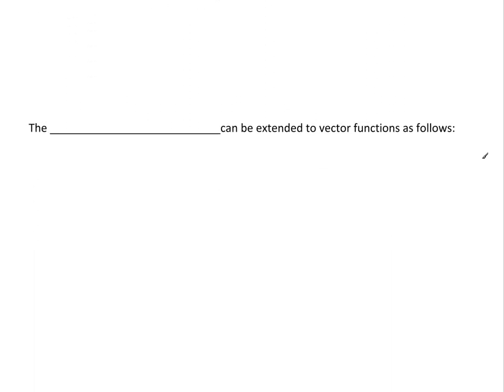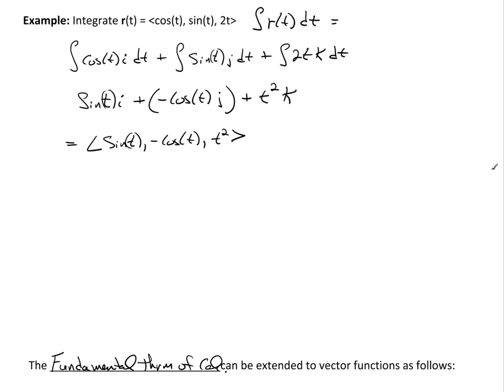Now, the cool part about this is that the fundamental theorem of calculus can be extended to vector functions as follows. Notice that the way I did this first one was an indefinite integral, and actually this should be plus c, because there's a constant floating around.